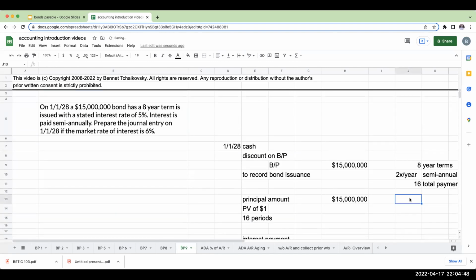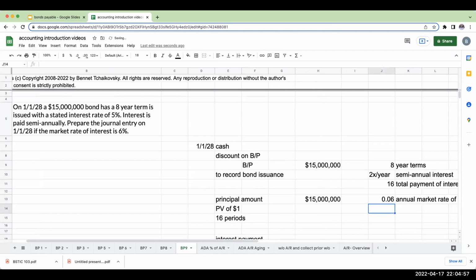Now, my annual market rate of interest is going to be 6%. However, this is not what I want. I'm paying interest every 6 months, so I have to multiply this by 6/12. So over here, I'm going to have 6% times 6/12, and this is my semi-annual market rate.